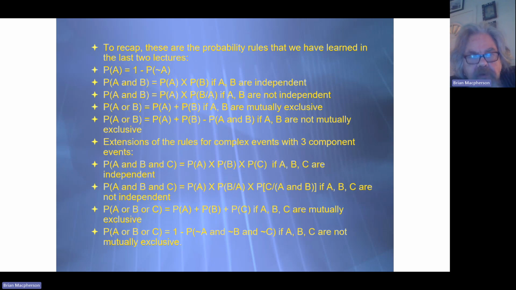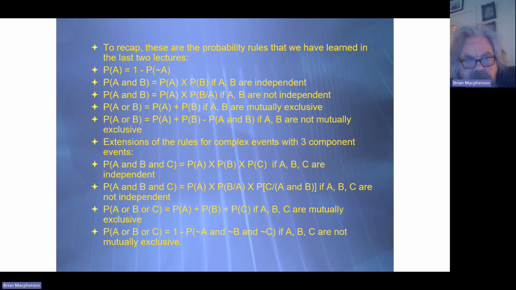However, where you absolutely have to use complementation for a disjunctive event where there are three components is when the events are not mutually exclusive. Then you have to use complementation, right? So if I have the probability of A or B or C, if the events are not mutually exclusive, then it's going to be 1 minus the probability of none of them, right?